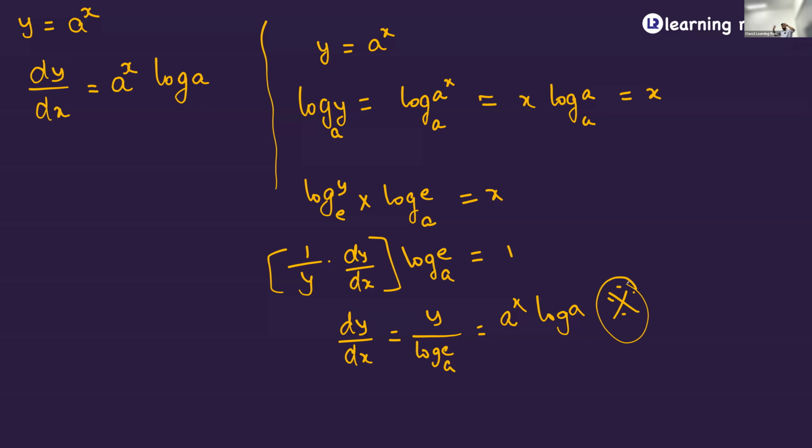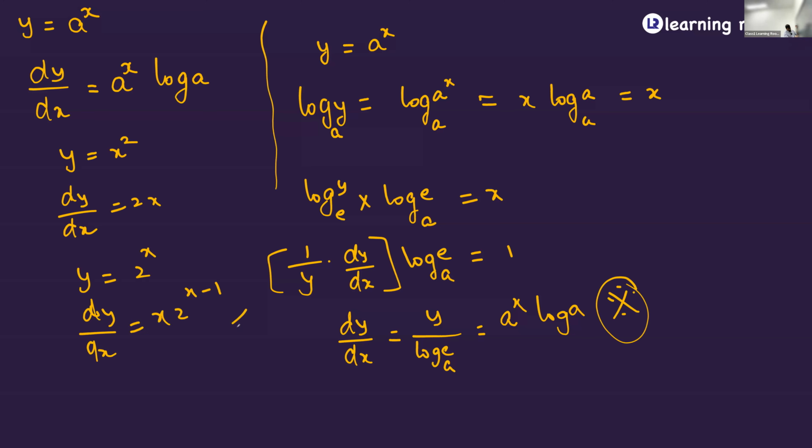I've seen people getting confused here. I'll tell you what they'll do. Y is equal to x square, dy by dx is 2x. No. I've seen this kind of answer also. Did you understand what is the mistake here? You need to use the formula for x power n only when x is the base and the power is a number.